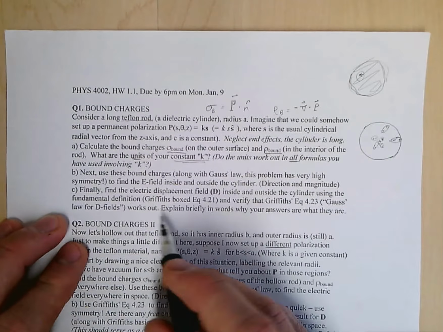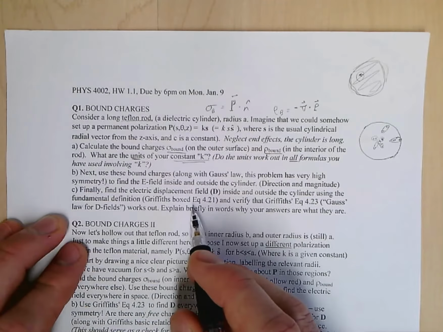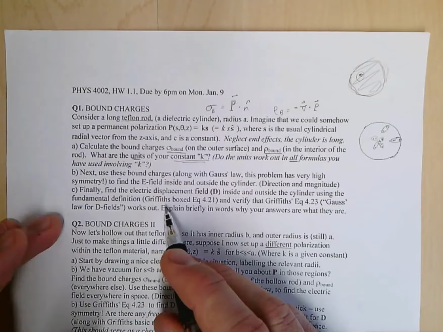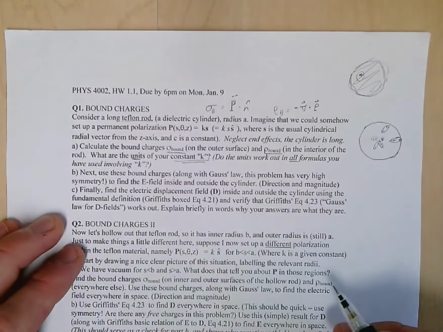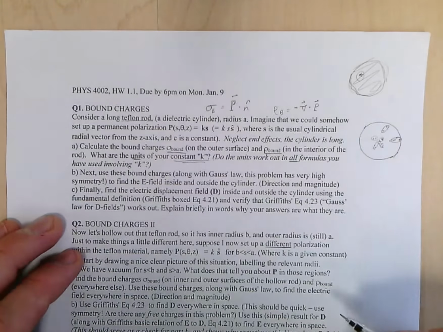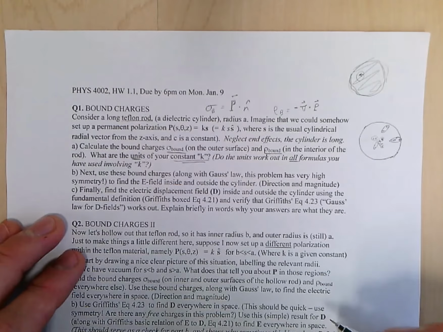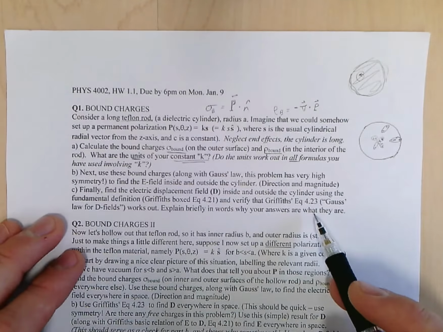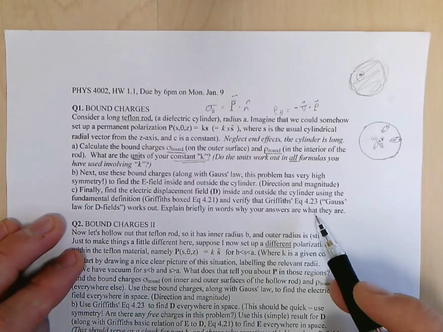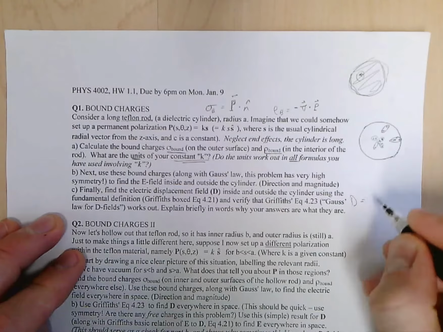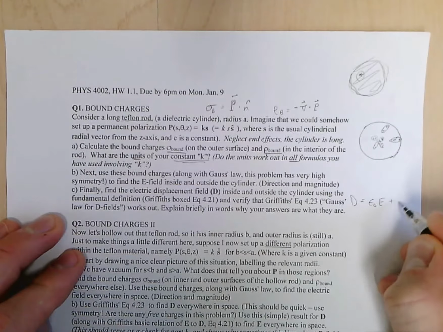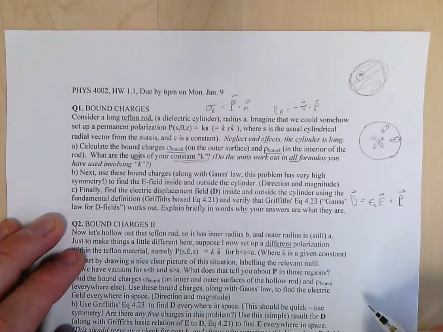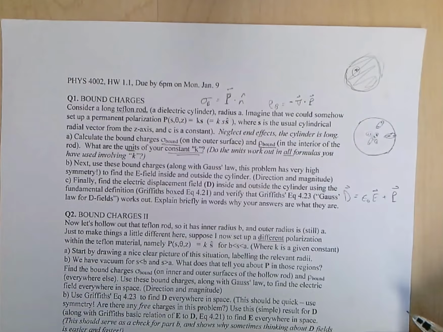So we'll solve that, and then lastly, we're going to go to the book, and we'll figure out this quantity D, which is the electric displacement, inside and outside the cylinder, and we'll check to make sure that the equation, namely that this displacement is equal to epsilon naught E plus P, those are all vectors, works out, and we'll take a look at the meaning, and we'll discuss that a little bit.